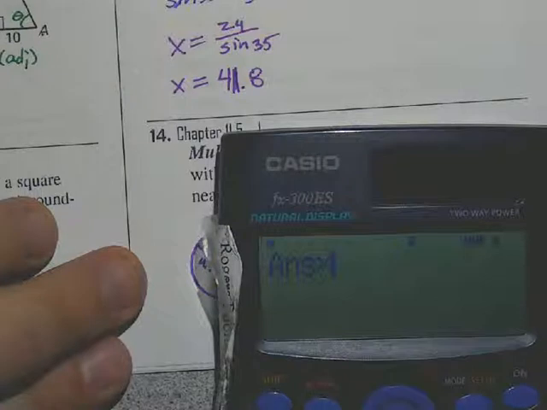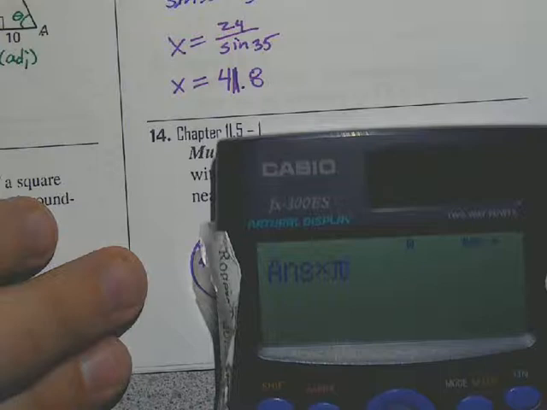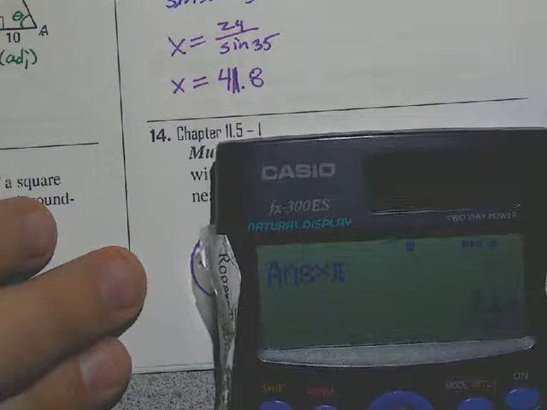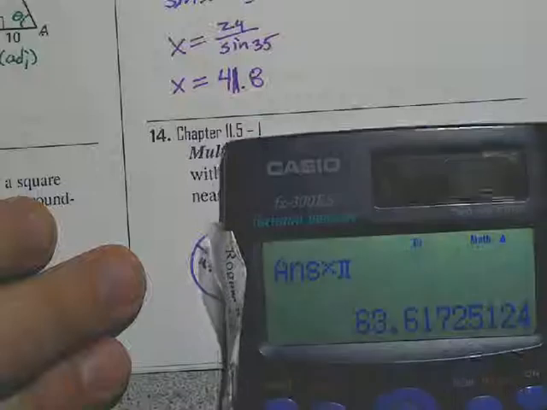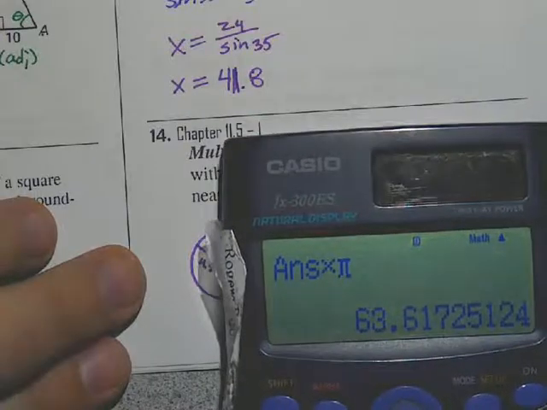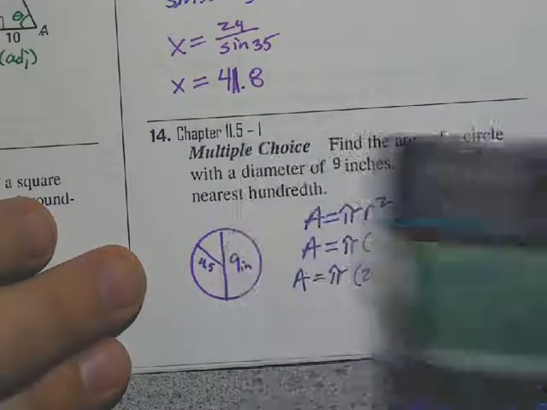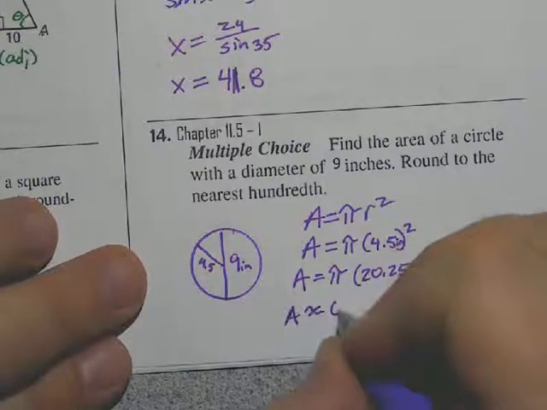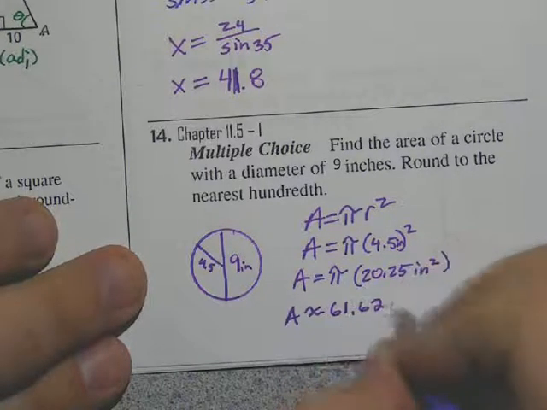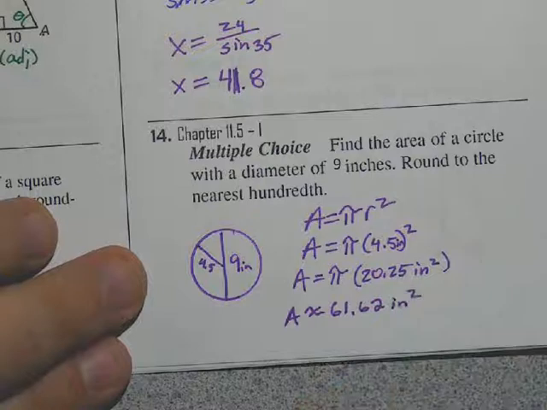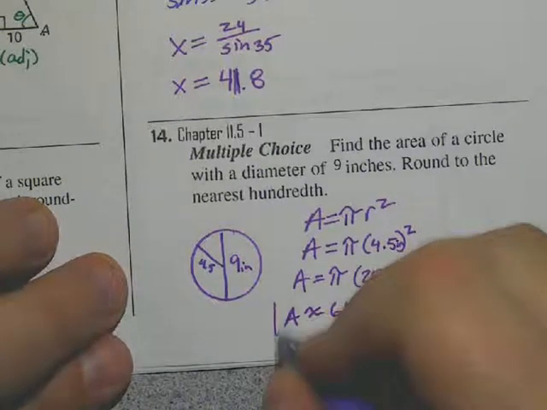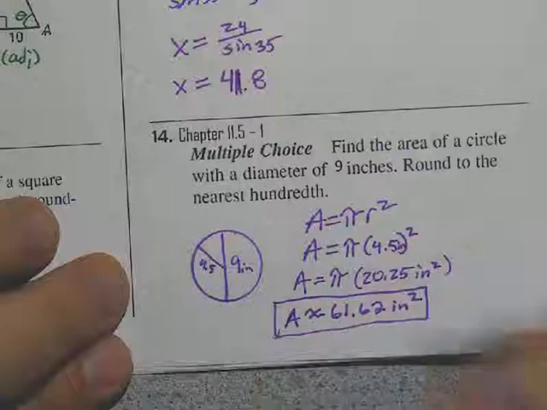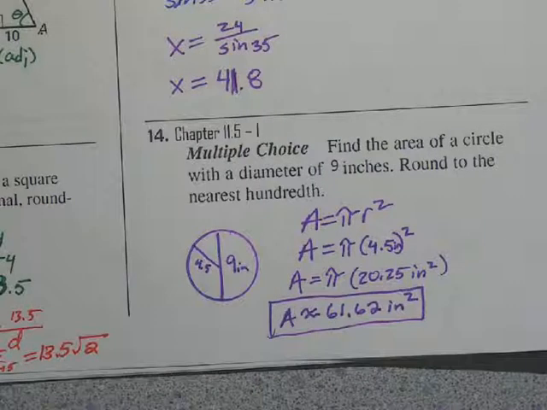Do not use 3.14. There we go, 81 over 4. If you ever get it wrong for not using 3.14, then I will give you the points for it. But 63.62 rounded to the nearest hundredth. A is approximately 63.62 inches squared. Okay, that is the end of page 2. Got it done in about the same amount of time.